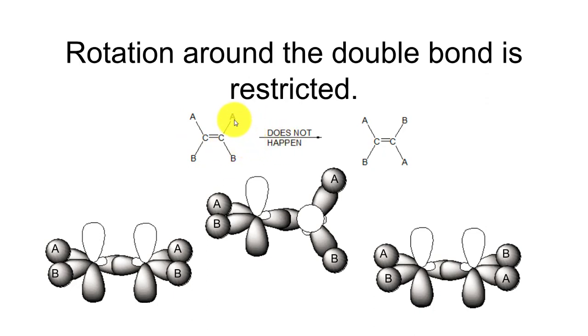Could you rotate it so that this A rotates down here and the B rotates up there, so that instead of being next to each other or on the same side, the A's are across from each other? Theoretically you could, but in fact that does not happen. Again, our model explains why that does not happen, because this is way more stable if the p orbitals are parallel to each other.